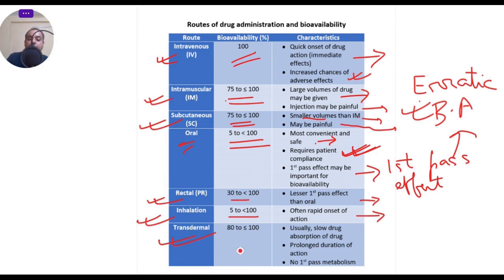Now, this transdermal route has a bioavailability that ranges from 80 to less than or equal to 100%, right? So the first characteristic is that there is a slow absorption of the drug.